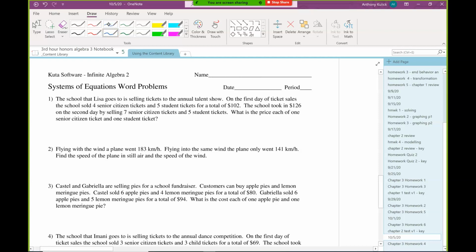Okay. So the first thing I would do in a situation like this is identify a name for the things that I'm solving for. Notice that we have clearly 2 variables, because we're asked for 2 things. One is the senior citizen ticket price, and one is the student ticket price.